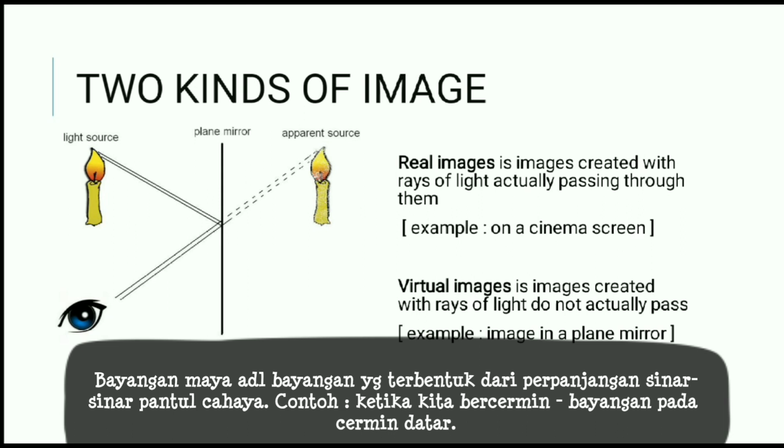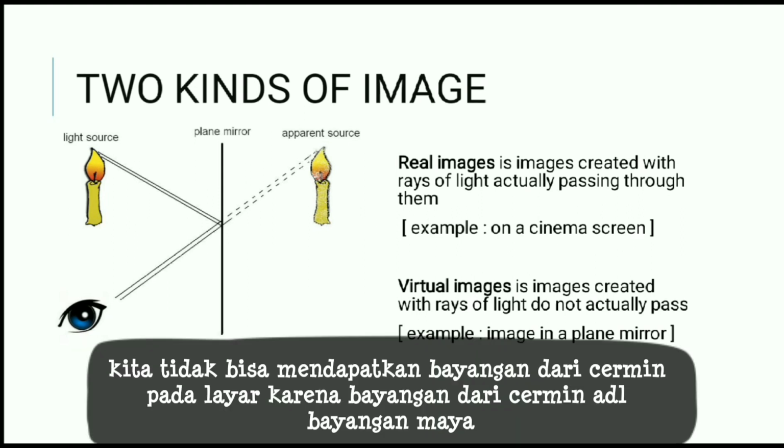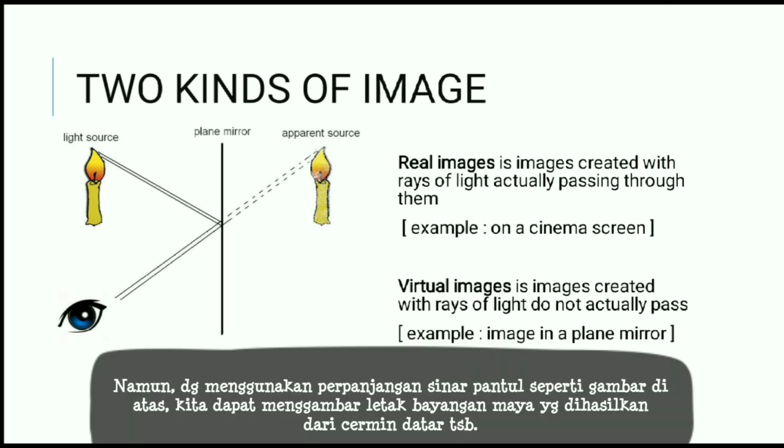That is a virtual image. We cannot capture a mirror image on a screen because it is a virtual image. Using this ray diagram, this is an example of the virtual image, like the picture shown here. So we can locate the images created by the plane mirror.